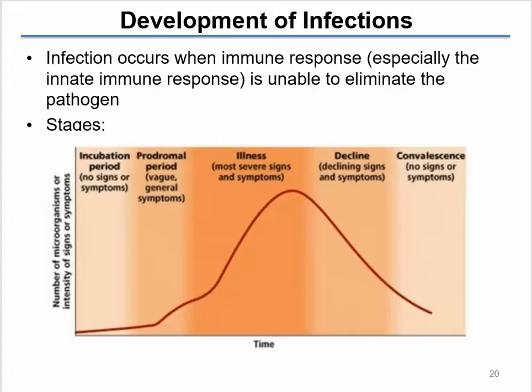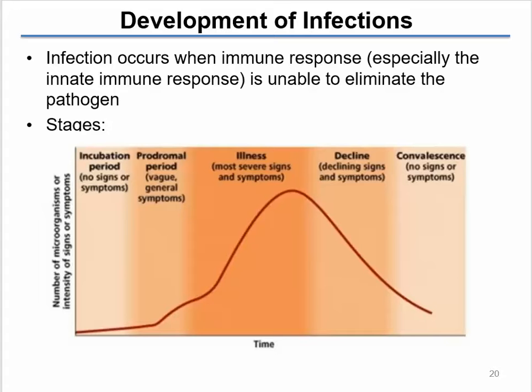Then the symptoms, especially the specific symptoms of that disease, start to manifest and they increase. This is the acute illness stage. At this stage, it gets worse and worse until the immune response is able to start to beat it.